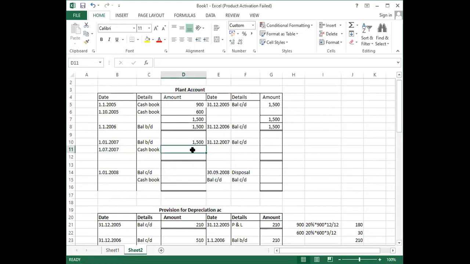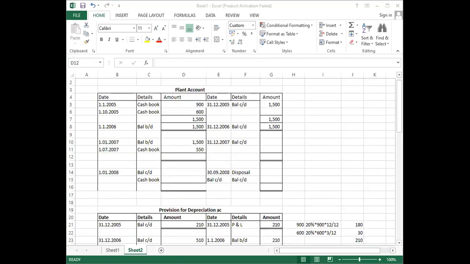That machine has cost us 550. True or false? And is there anything else that we have bought in year 2007? Nothing else, right?